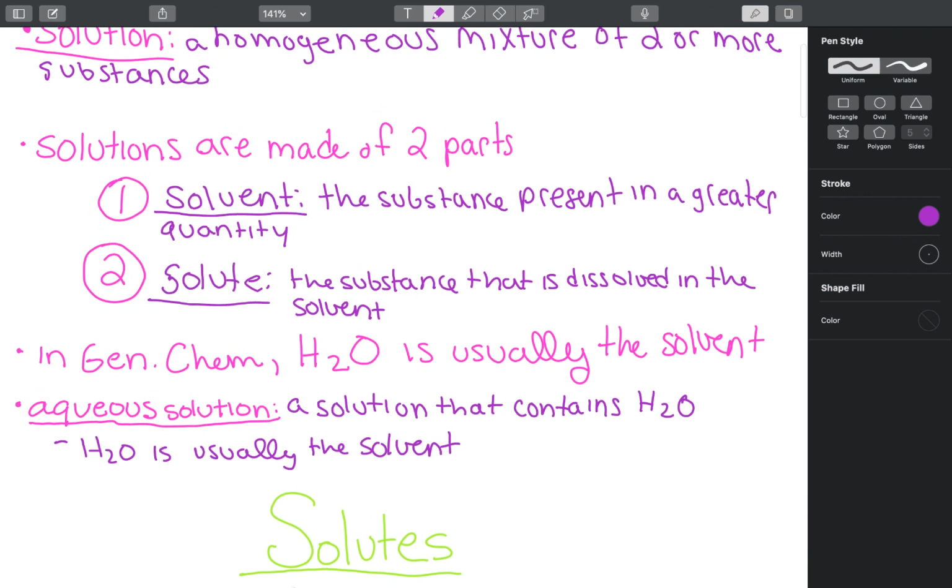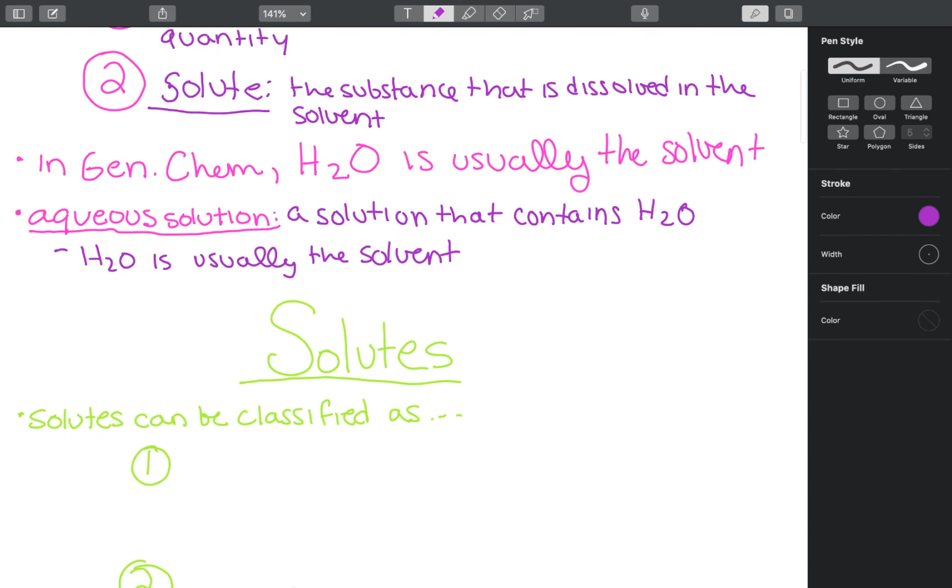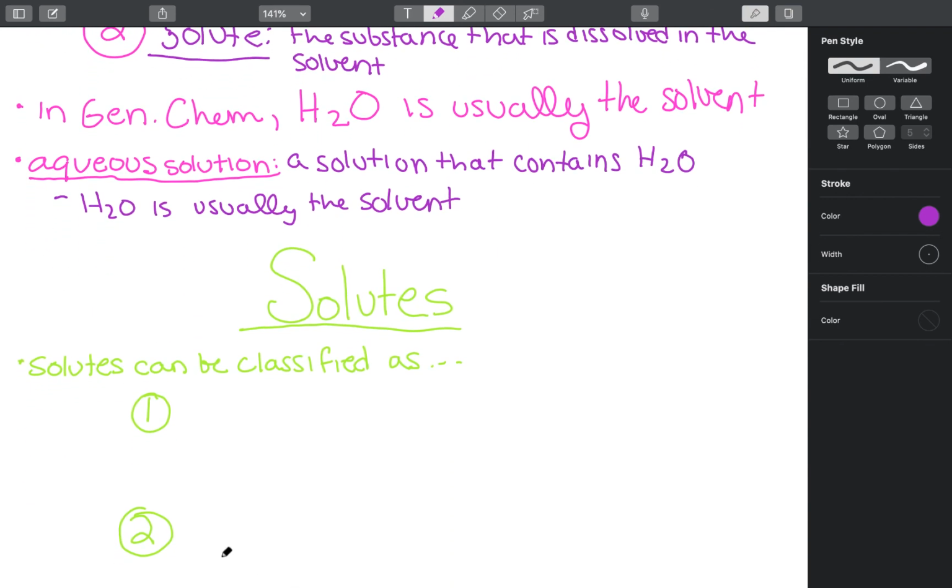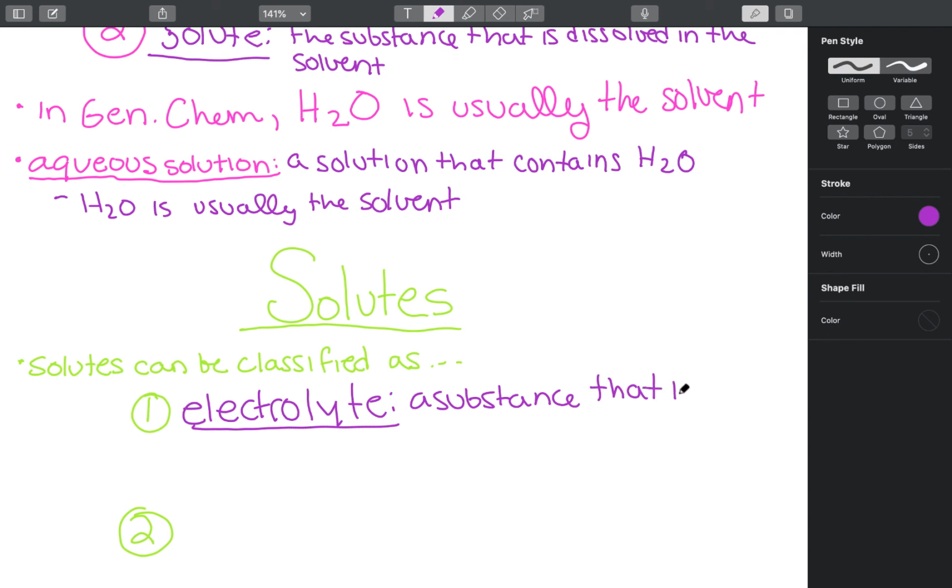So let's get more into solutes. Solutes can be classified in two general categories. The first category is the electrolyte category. An electrolyte is a substance that ionizes in solution. So what does ionize mean? Well, ionize means that the substance basically dissociates.